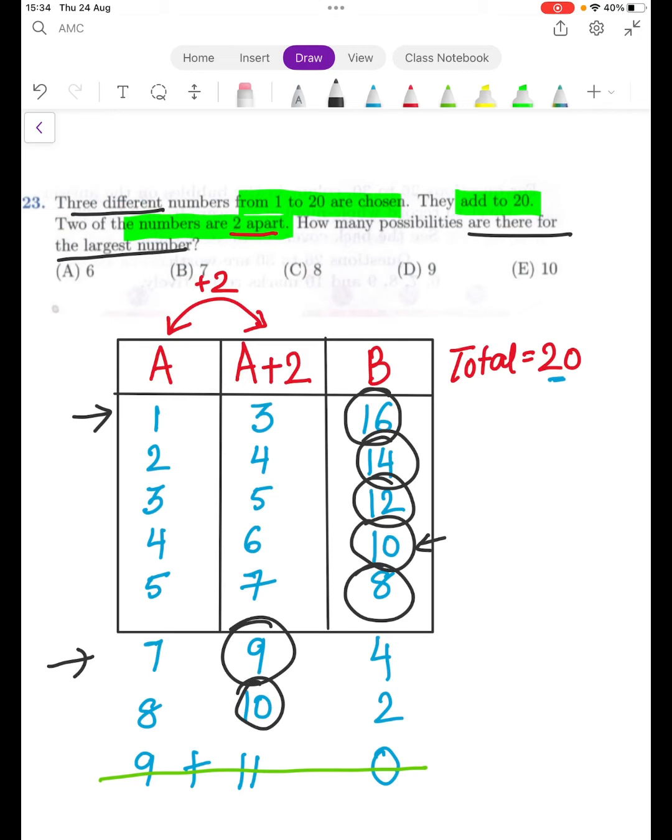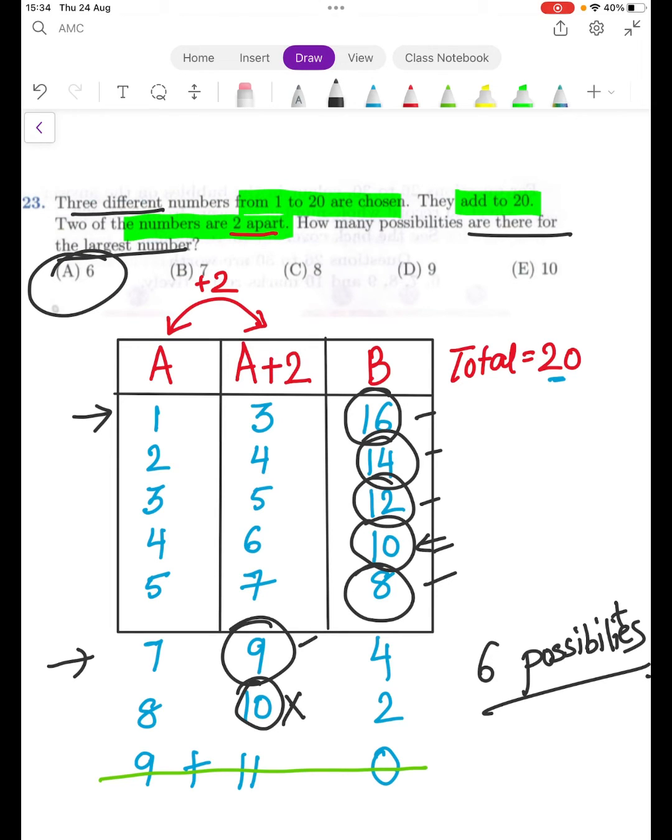But we already have a 10 here, so this is a repeated one, and we should not count this. So let's see how many different possibilities there are. 1, 2, 3, 4, 5, and 6 different possibilities. So our answer is A.